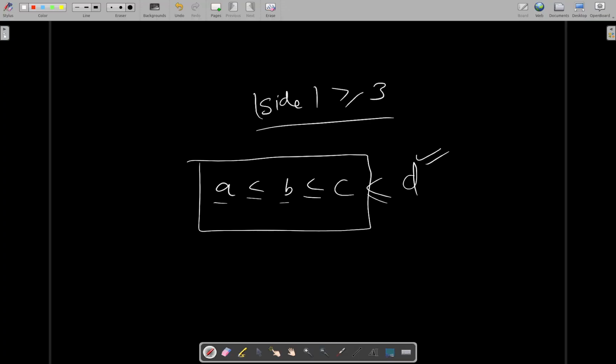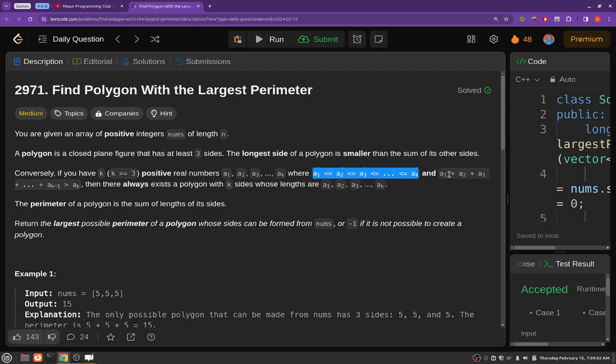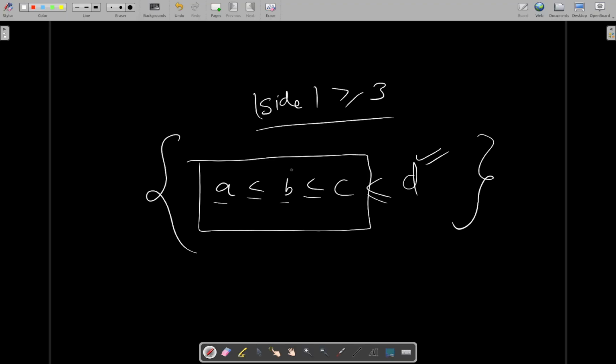This is the same order that I have just written here. So the sum of all the sides except this particular side should be greater than the last or the greatest side.